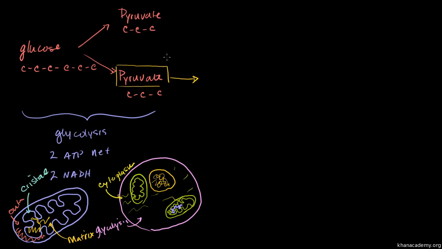We call that pyruvate oxidation. And essentially what it does is it cleaves one of these carbons off of the pyruvate. And so you end up with a 2-carbon compound. You don't have just 2 carbons, but its backbone of carbons is just 2 carbons, called acetyl-CoA.